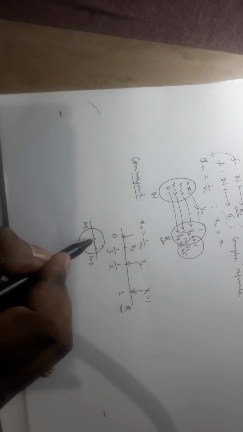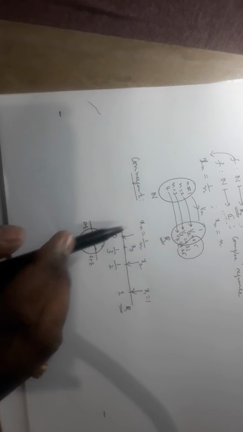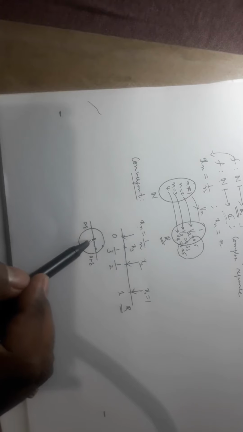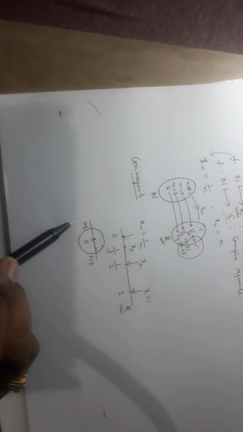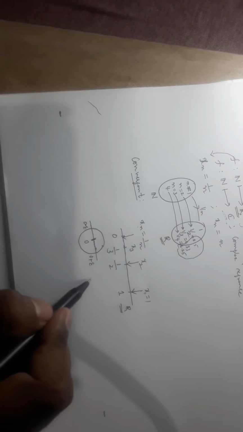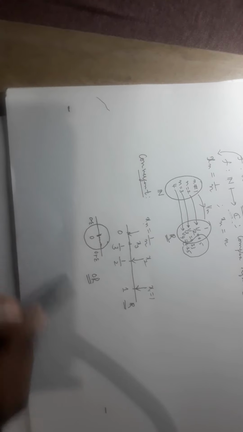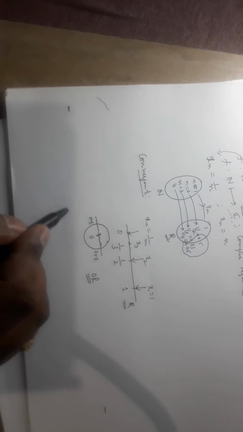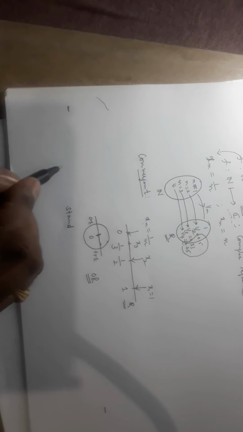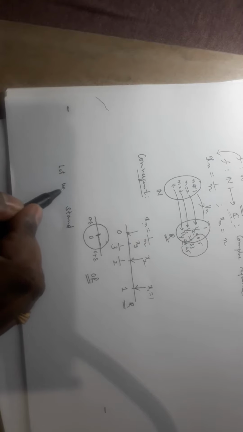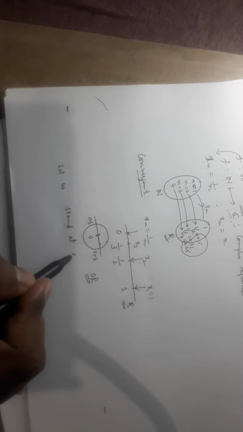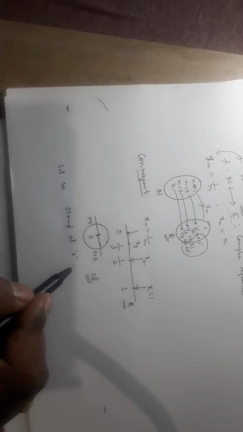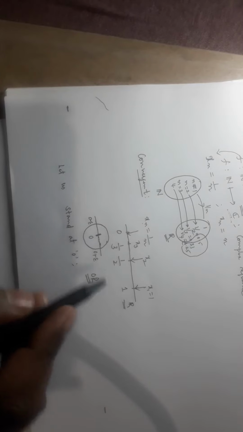Then 0 is called the limit of the sequence, or else xn equals 1 by n converges to 0. Let us stand at 0. Okay, we are here now.